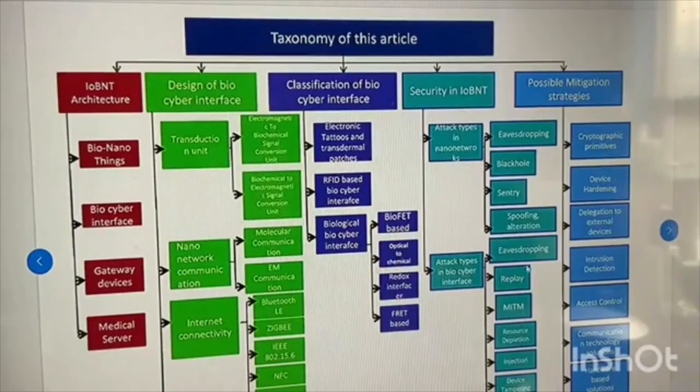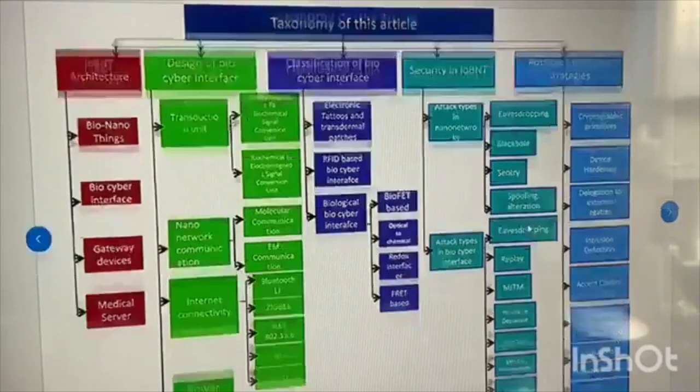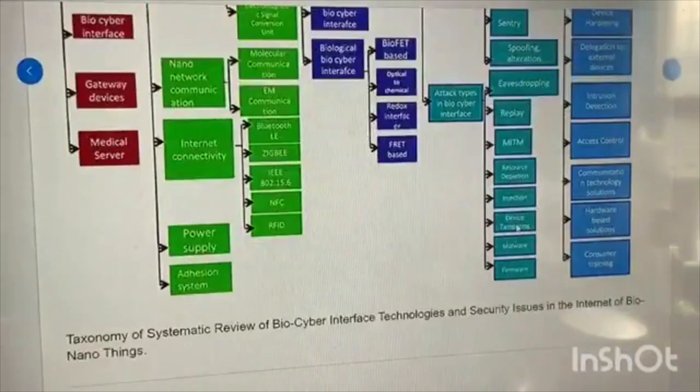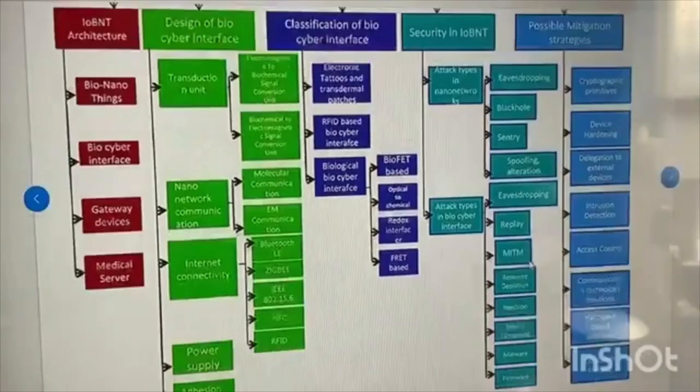Man-in-the-middle attacks, eavesdropping, spoofing, device tampering, malware. Only now it's under your skin instead of just on your computer.